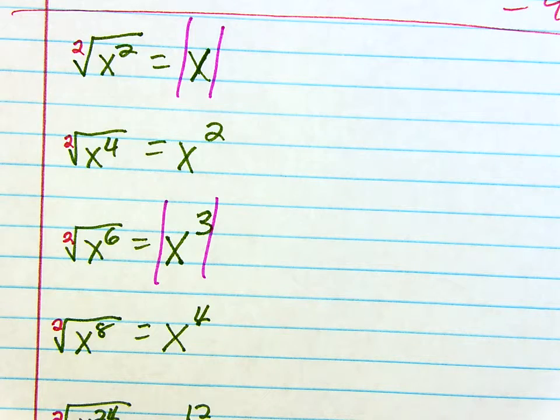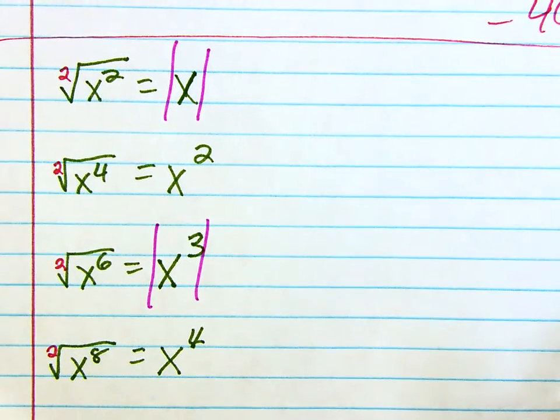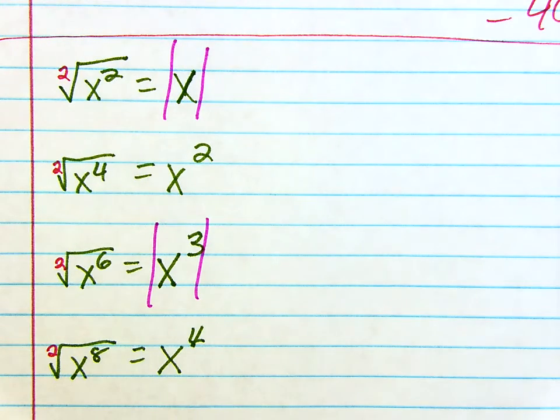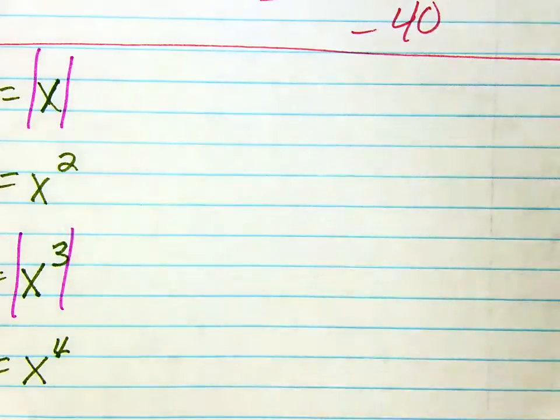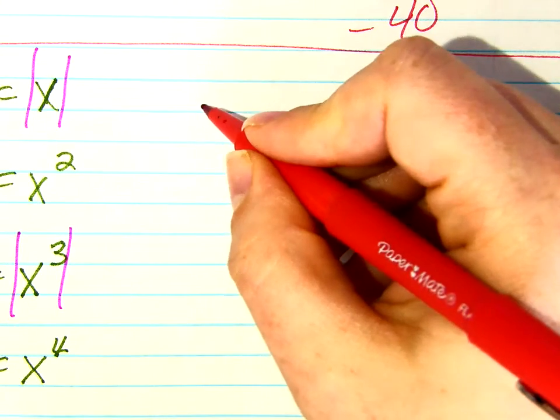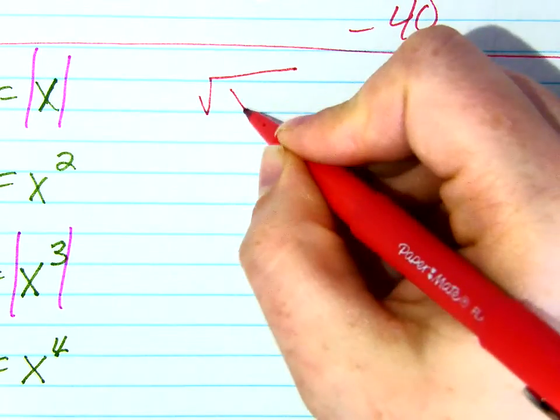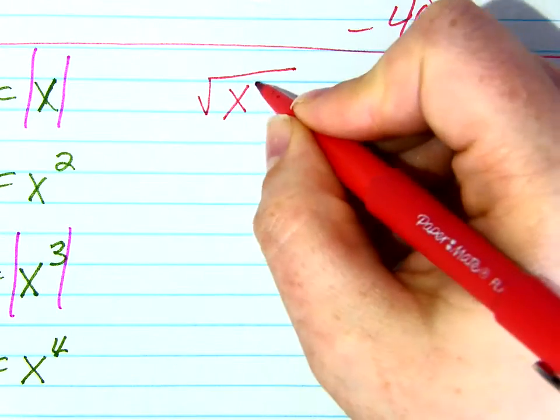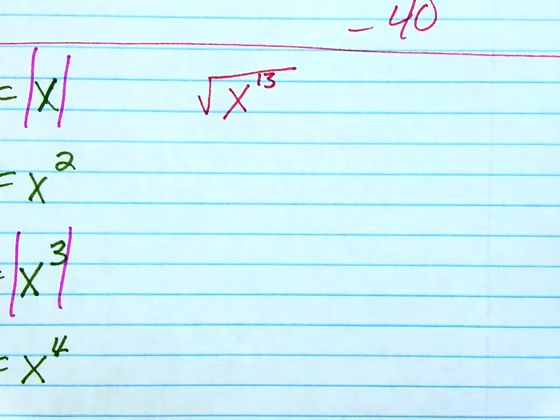Now, we also talked about what happens when you try to take a square root of an exponent that's not even. That's where you get into some fancy math. So let's say I want to take the square root of x to the 13th. Well, x to the 13th is not a perfect square because it's not even, right?